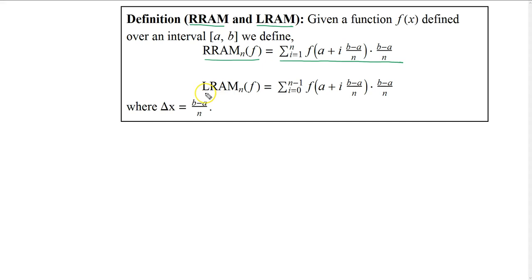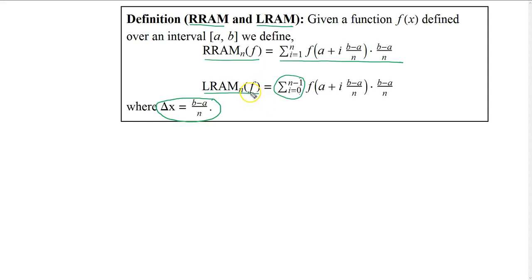And we define LRAM to be exactly the same, except the index goes from 0 to n minus 1. Notice that difference: by going from 0 to n minus 1, you're evaluating the height of each rectangle at the left-hand endpoint of each subinterval. And also the delta x is (b minus a) over n for both.